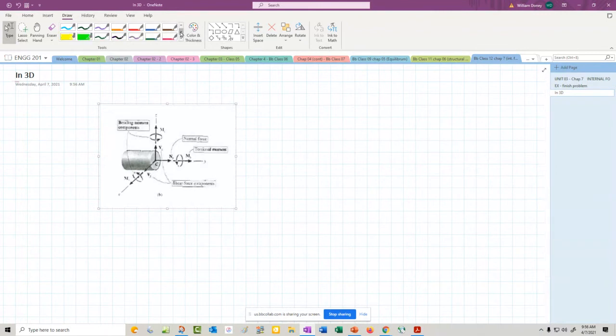Again, here's the normal that we just worked with. But since it now has a 3rd dimension, we'd have to worry about things going up in the Z and also things coming out here in the X. But it's the same thing: shear, normal, bending moment. And those all act at the geometric center.